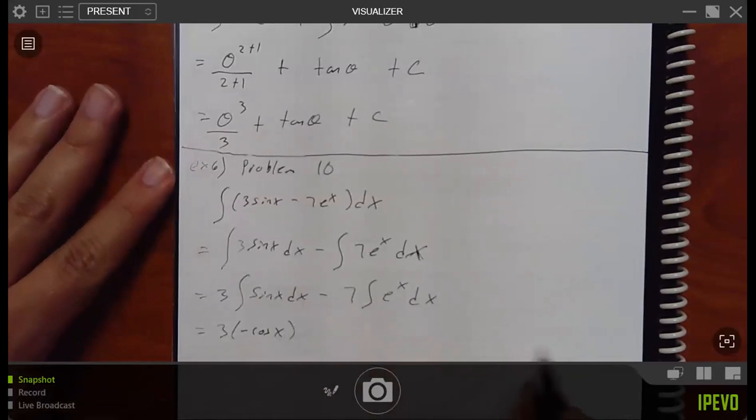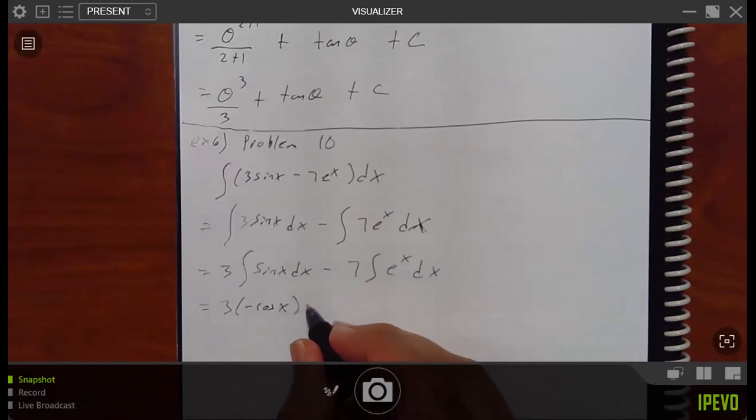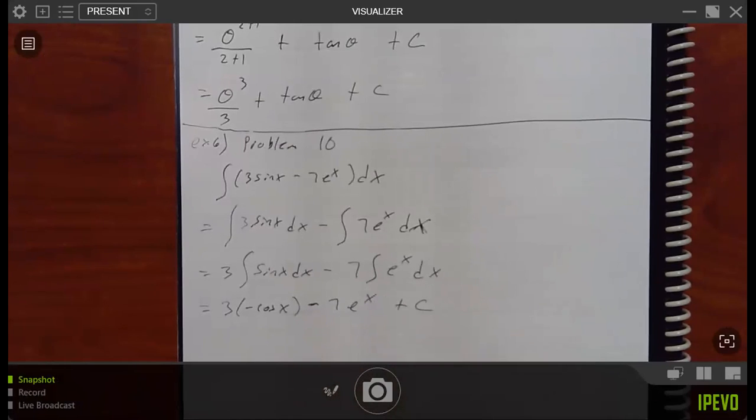So you can always check yourself by remembering derivatives. The antiderivative of e to the x, it's just itself, right? Just like the derivative. Just make sure you add your C whenever you're done.